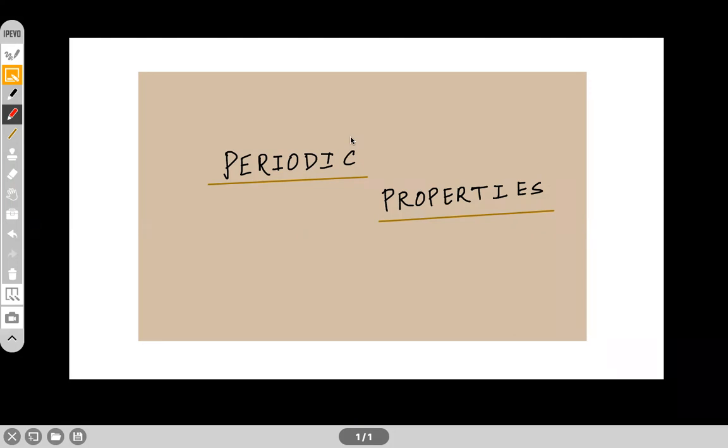Have we finished ionization enthalpy? No, just a second, not like that. Ionization enthalpy, okay, some of you are saying we have done. Okay, ionization enthalpy we have done. What about electron gain enthalpy?